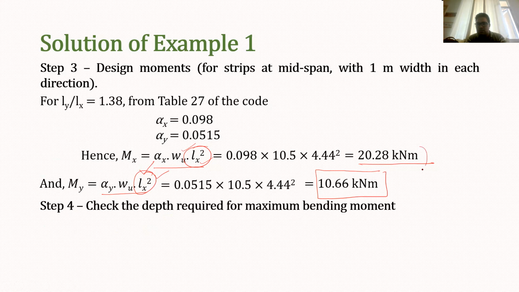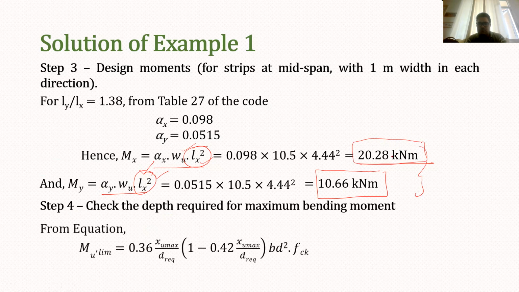Now here we have calculated the bending moment along the shorter span and along the longer span. So in these two values, the maximum bending moment is occurring along the shorter span. So therefore, we will check the depth required for the maximum bending moment, which is 20.28.